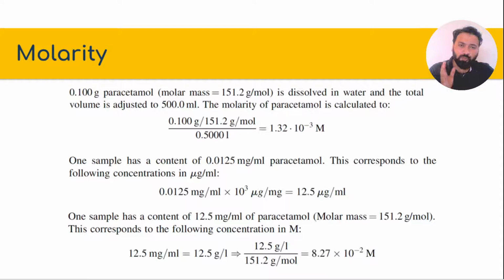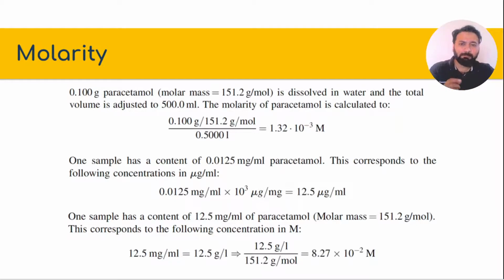We know the molar mass of the paracetamol is 151.2 gram per mole. How can we convert this milligram per ml to molar? First, convert 12.5 milligram per ml into gram per liter, because number of moles is in grams per mole. That's why we have to convert milligram into gram and ml into liter.